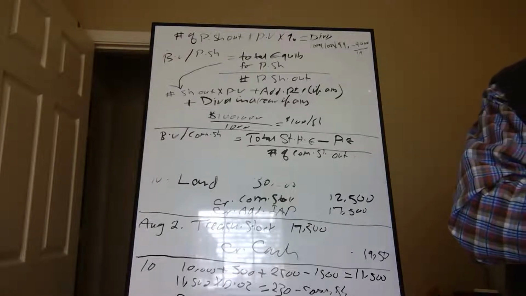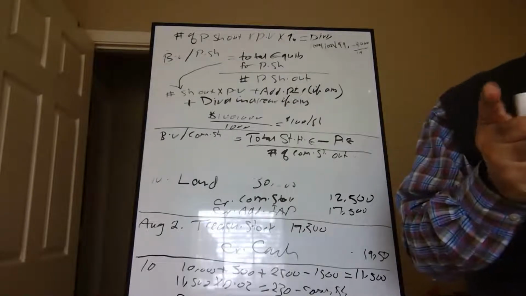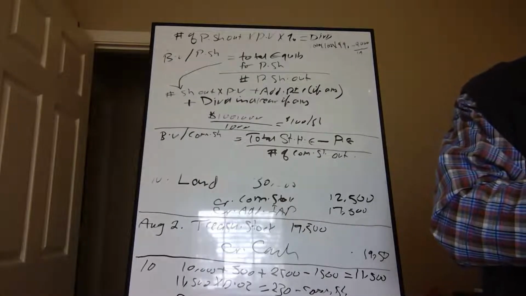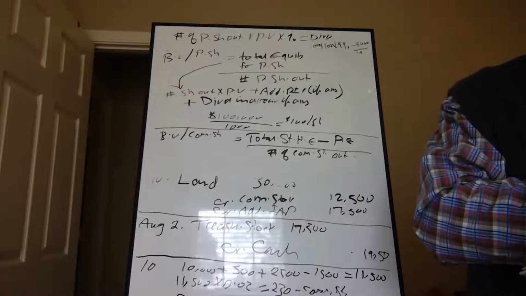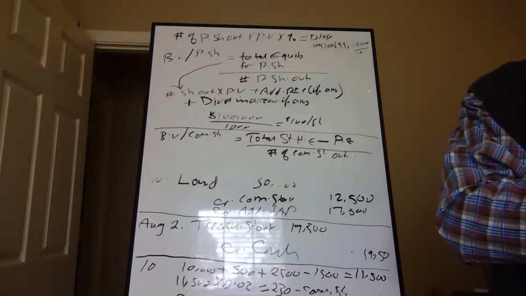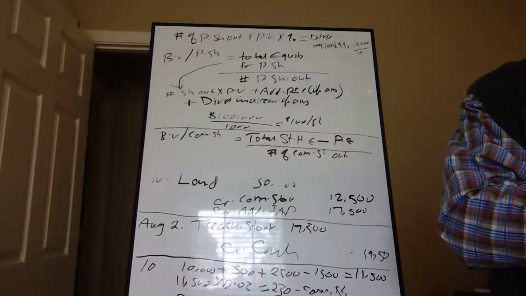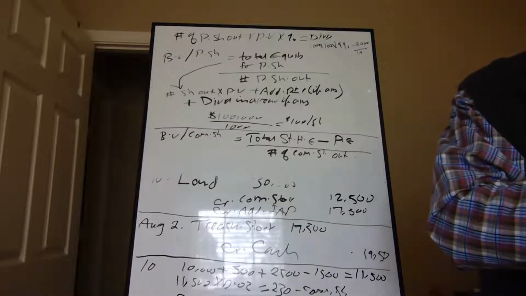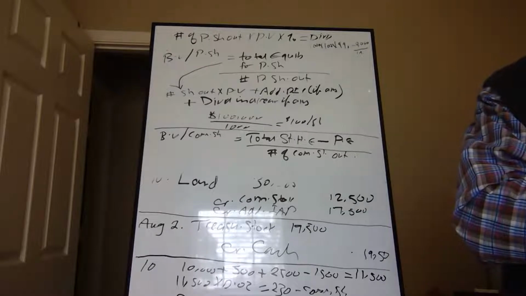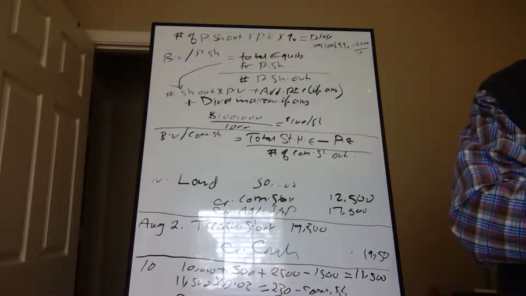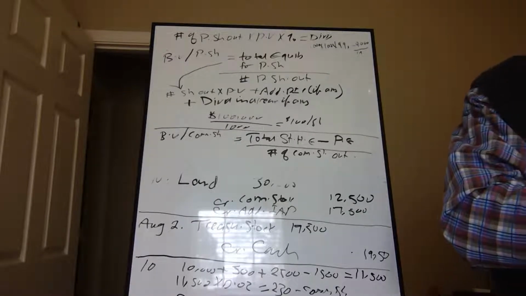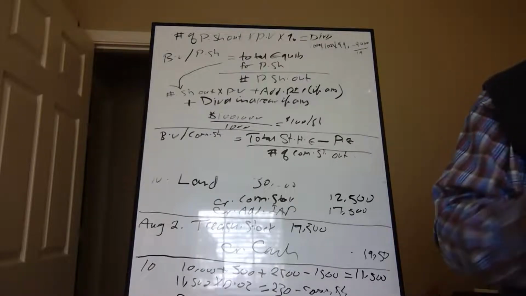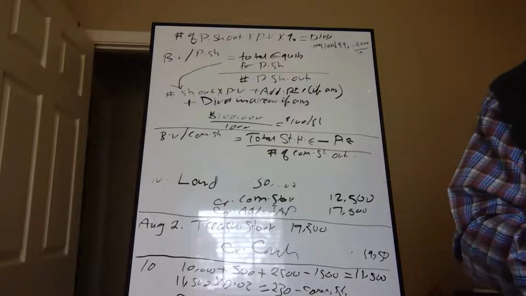That was the authorization. But the outstanding are the 10,000 at the beginning, plus 500 shares that were issued for the lawyer. That's 1,500, plus 2,500 for the land. That's 13,000 total minus 1,500. That's the number of common shares outstanding.